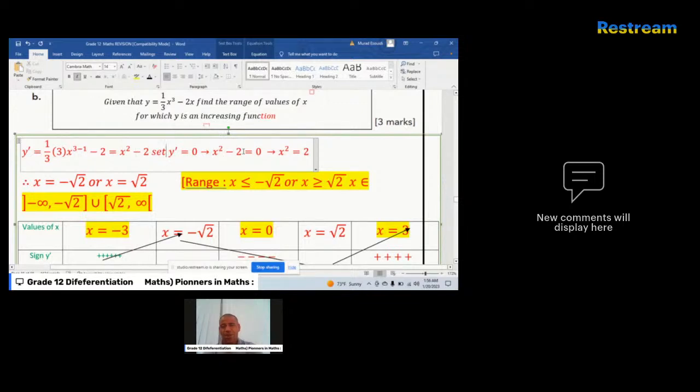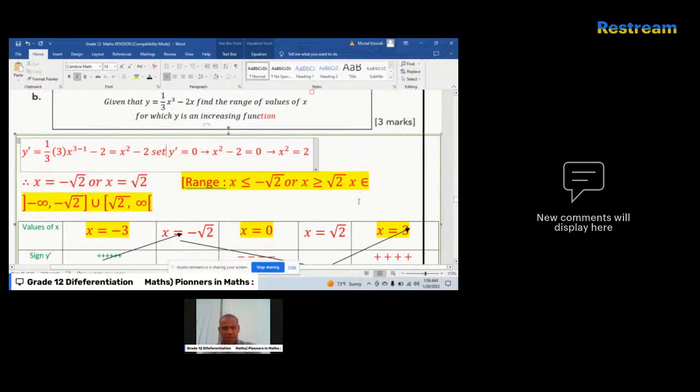I write x squared minus 2 equals 0. Therefore, x squared is 2. To find the roots, take the square root of both sides, don't forget the negative sign, and leave your answer as such: x is negative root of 2 or x is root of 2.